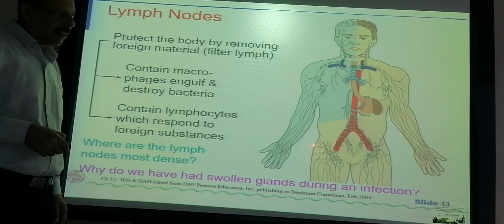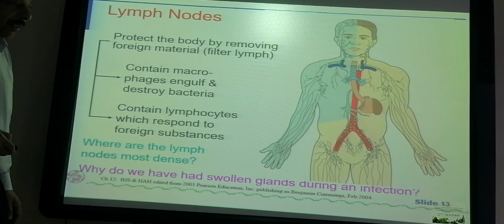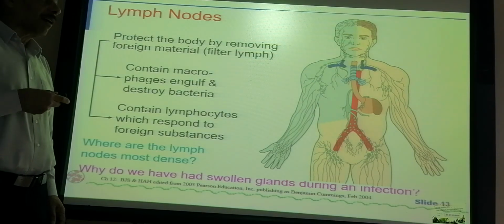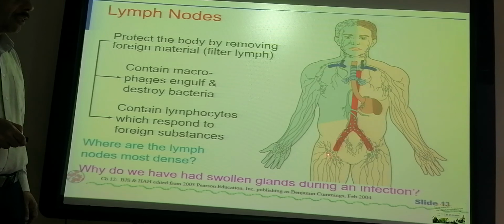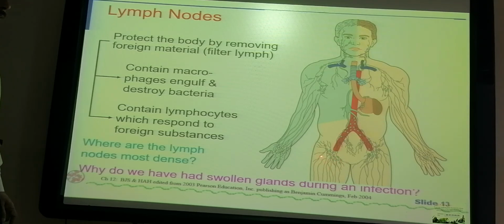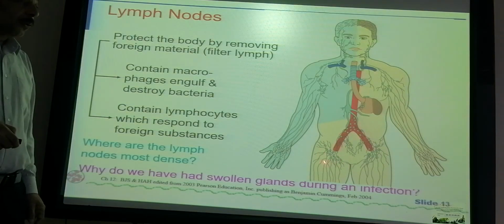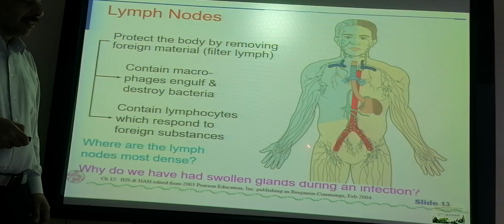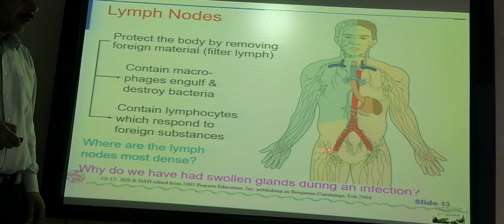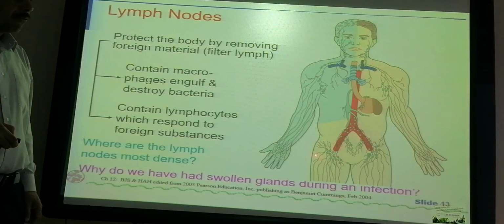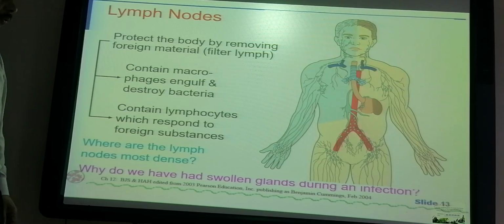Any bacteria or virus is trapped there, and they do phagocytosis or fight the infection there with the phagocytes and with the antibodies. Due to that, there will be inflammation and swelling of the site until the infection is resolved, and then it will return to normal.